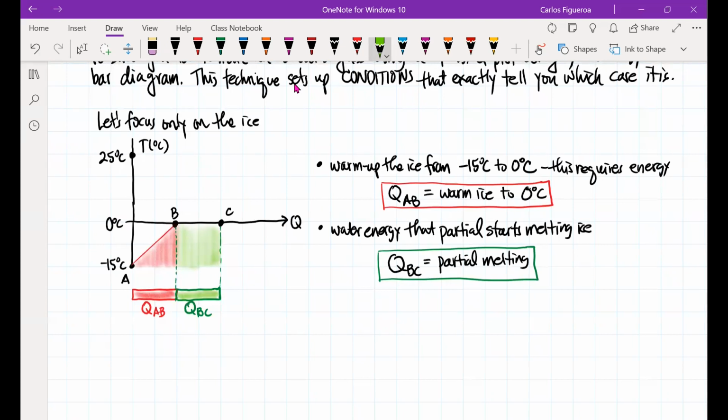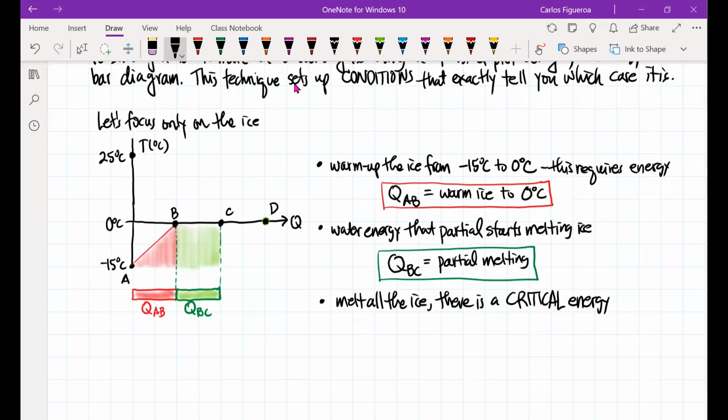Now, if there's enough energy, I'm going to call this point here D. So if I have enough energy, so if I melt all the ice, there is a critical energy.